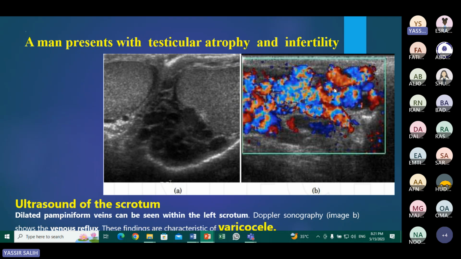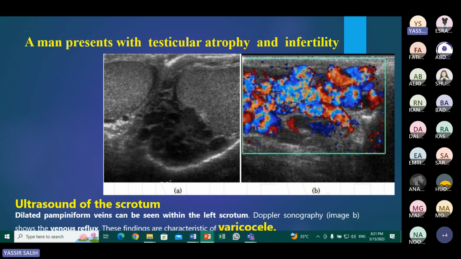Here we used the Colored Doppler ultrasound, so the color flow appears. Notice that this means the blood vessels, the pampiniform plexus, are dilated. So what is the diagnosis? Varicocele.